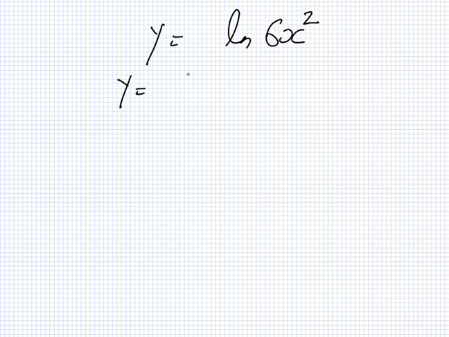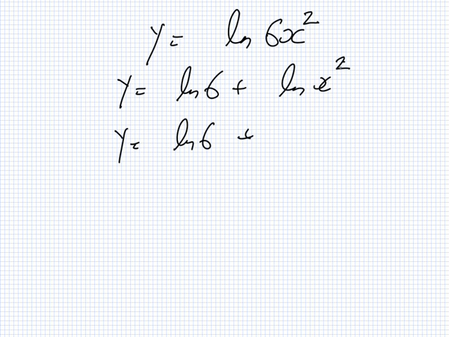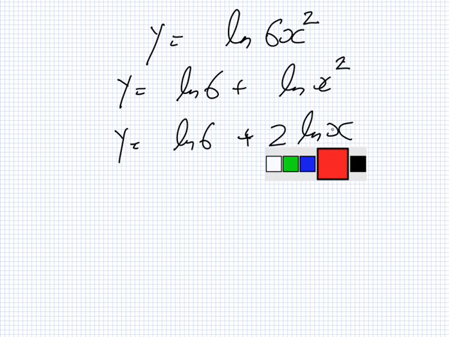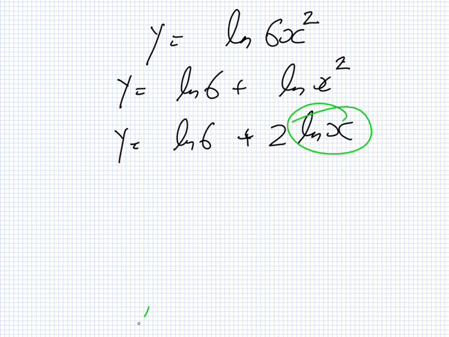So the first rule of log is log AB is log A plus log B. So this will be log 6 plus log x squared. Then the fourth rule of logs, what does that let me do with the power? Put it in front. Now look what we've done. We've made it so it's log x.